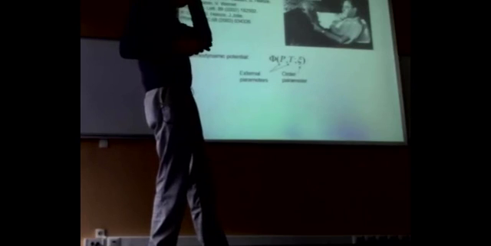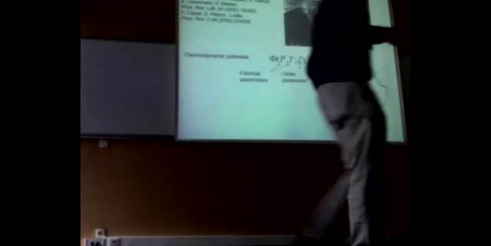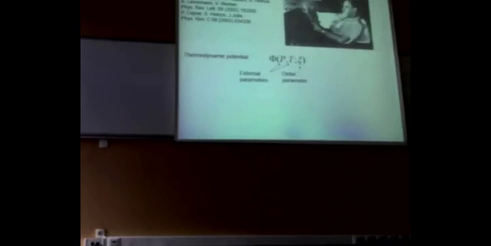Now, for solid state, this guy, Lev Landau, you know probably from the Landau and Lifshitz physics books, described this kind of phase transition in 1937 in a general way.